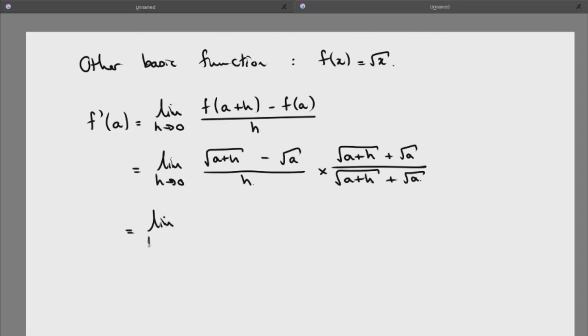Let me just do the denominator first. It's simply going to be h times the square root of a plus h plus the square root of a, and the numerator is more interesting. How can I simplify the numerator? Let me put brackets around this.